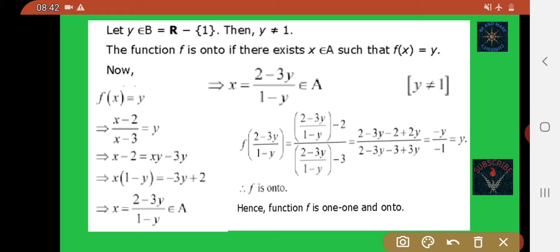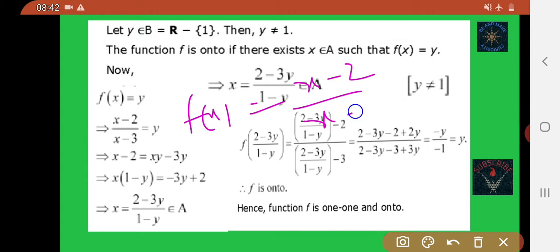The function f is onto if there exists x belongs to A such that f of x is equal to y. So you write this equation, then you solve this equation. And you know that f of x is equal to what? (x minus 2)/(x minus 3).